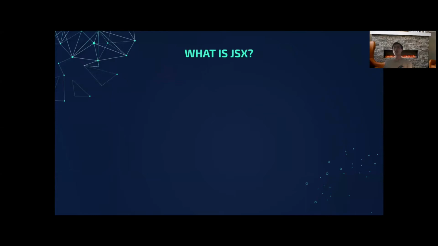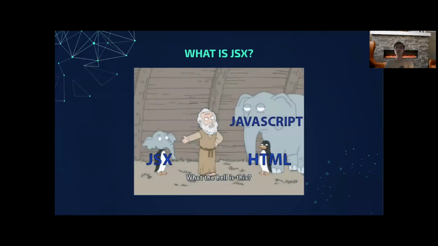So what is JSX? For those who have just learned last week, or maybe you learned some of this on your own, JavaScript and HTML are usually what we use when we're developing websites. And so what JSX does is essentially combine them.